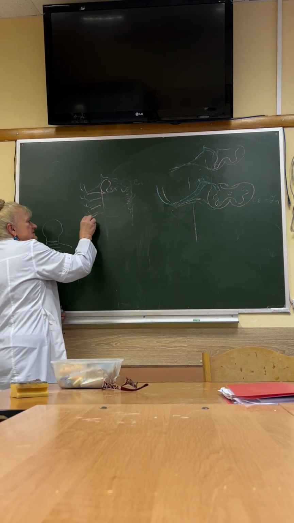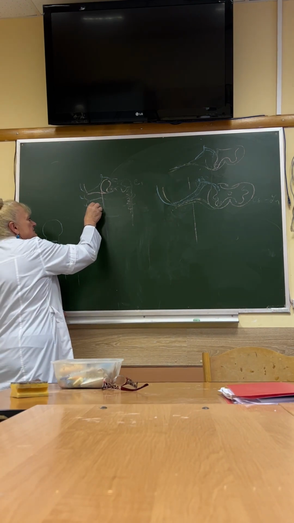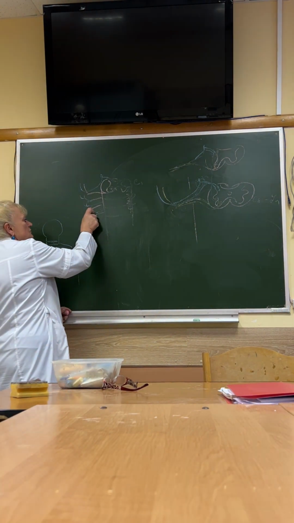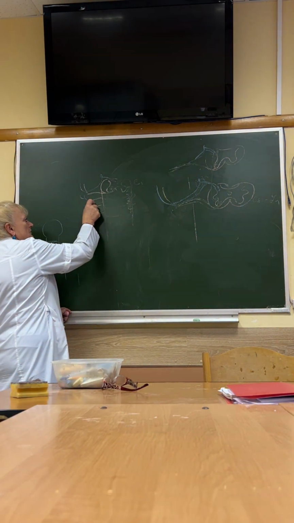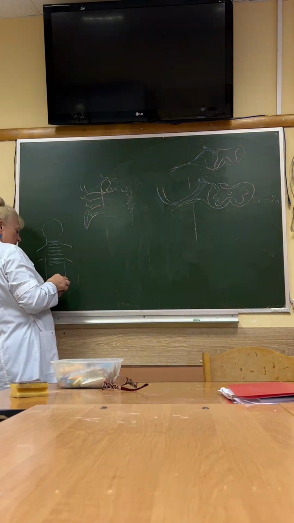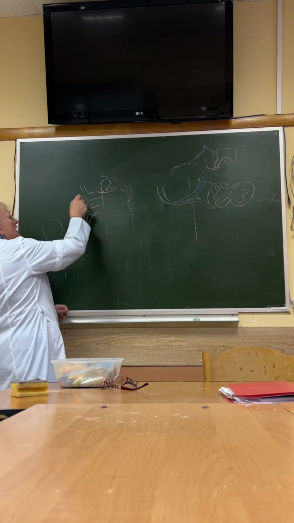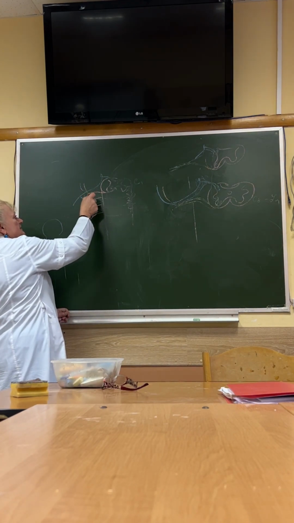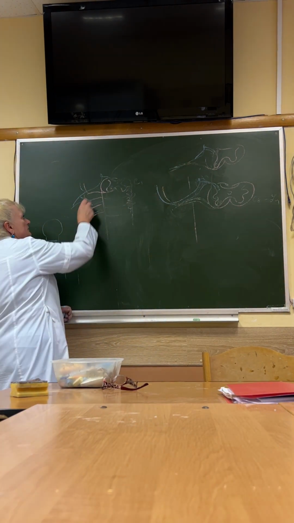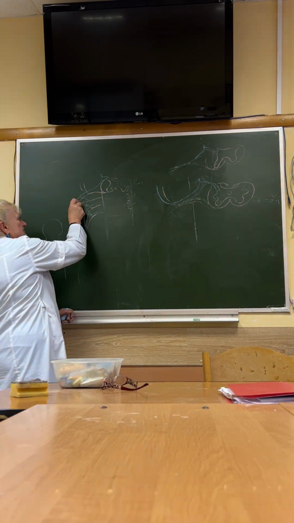The anterior branches from the third and fourth will join into the inferior root. From the first and second they will join into the superior root. These will be the roots.